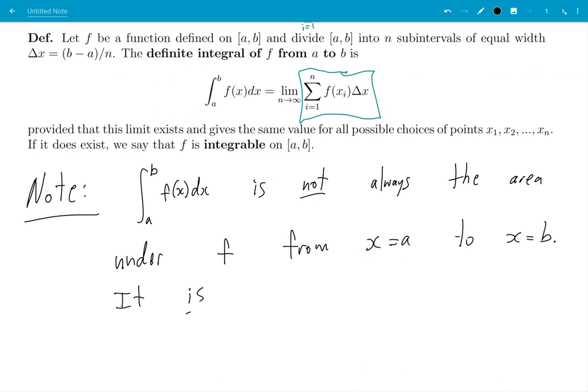It is the same thing if the function is non-negative, is positive. Important thing to note here.